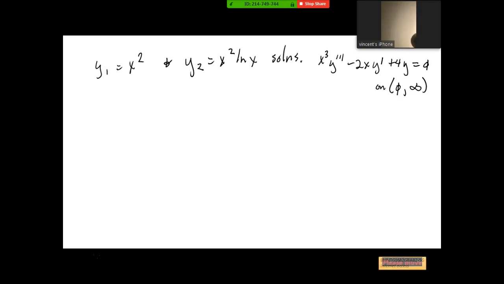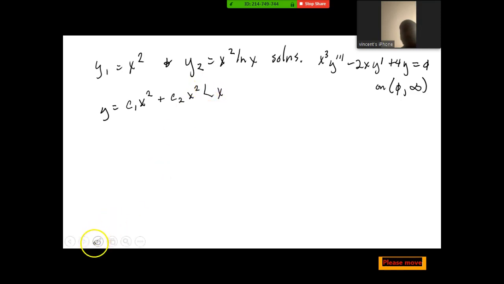By the superposition principle, then, here is another solution. One of many. Y is equal to, you tell me. Any ideas? C1 times x squared plus C2 x squared log x.